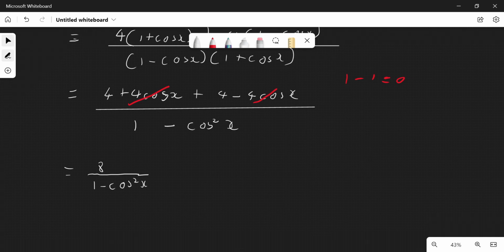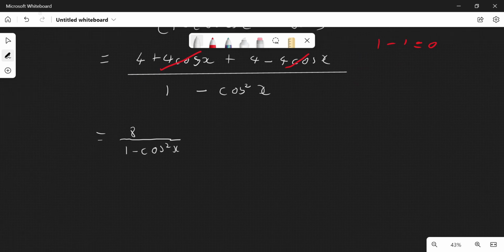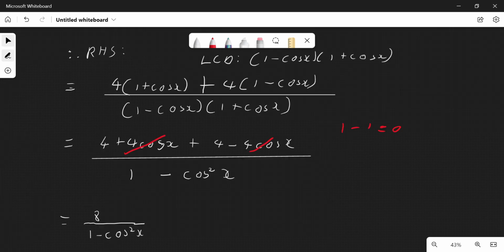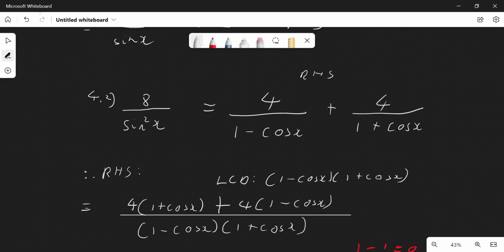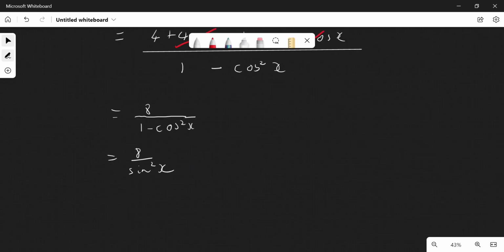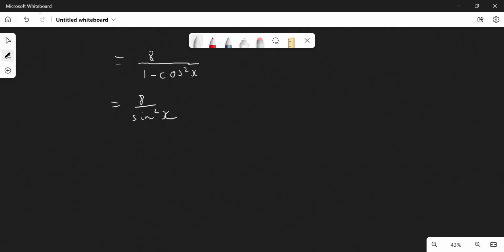Bells ringing in my head, that's an identity. So here we have 8 over sine squared x. And if we check our left hand side, that's identical to our right hand side. So we'll finish off our answer with a very nice flourish, and we'll say therefore the left hand side is equal to the right hand side.